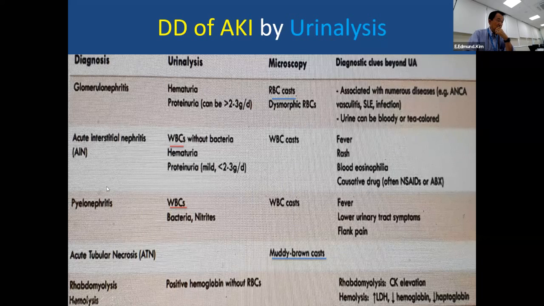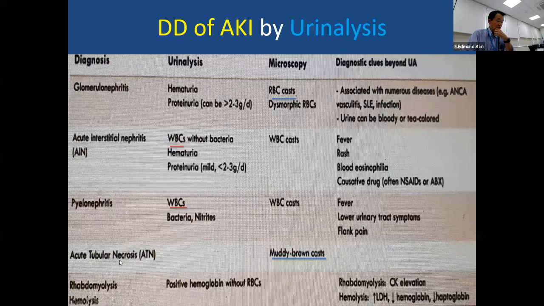Between these, the urinalysis shows similar findings. The only difference is the bacteria in pyelonephritis, and hematuria here in nephritis. But clinical urinary symptoms point to pyelonephritis, while this one is just fever and eosinophilia and things.